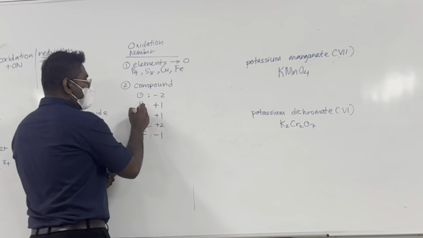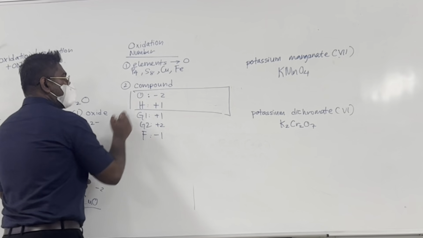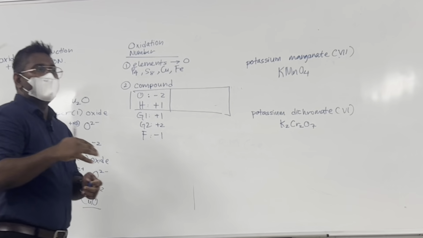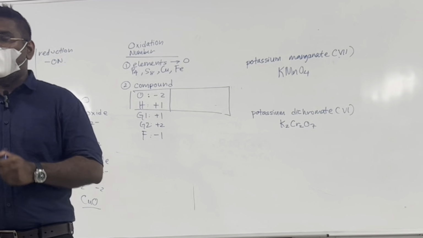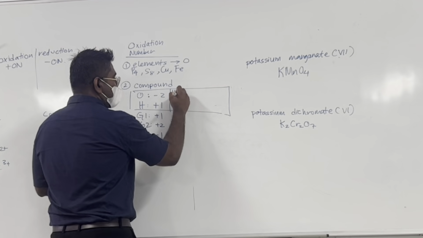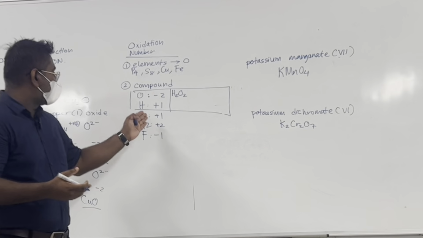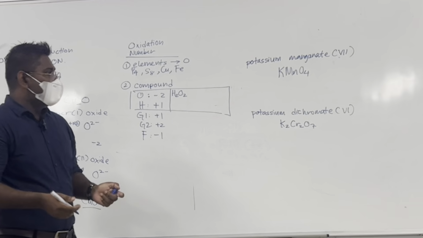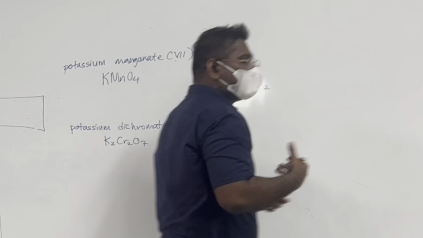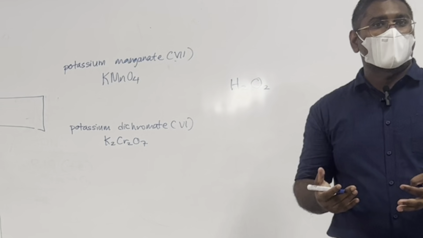Of course, with that, there are some exceptions here. What are the exceptions? Oxygen is always -2 in a compound, except when you have peroxides, H2O2. If you have H2O2, because there are some other rules that will apply, oxygen will start to have a different oxidation number, and you can calculate it.